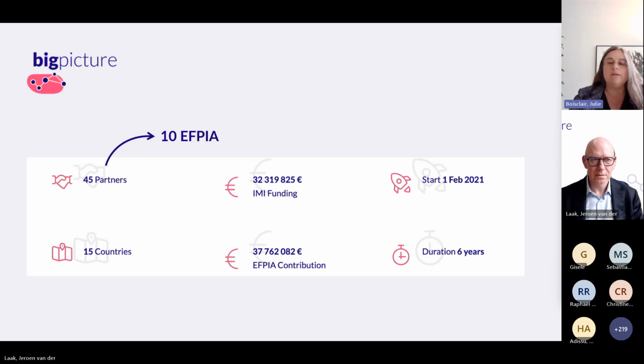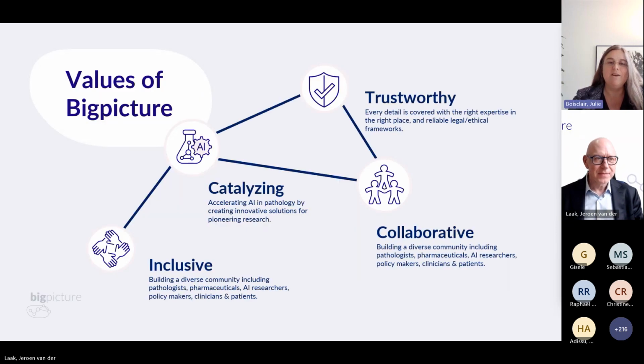This was the launch date, and it's going to last until February 2027, so for a duration of 6 years. And we are distributed within 15 different countries. So it means, Julie, that we are just beyond halfway through the project. Yes, exactly. We are at the midterm.